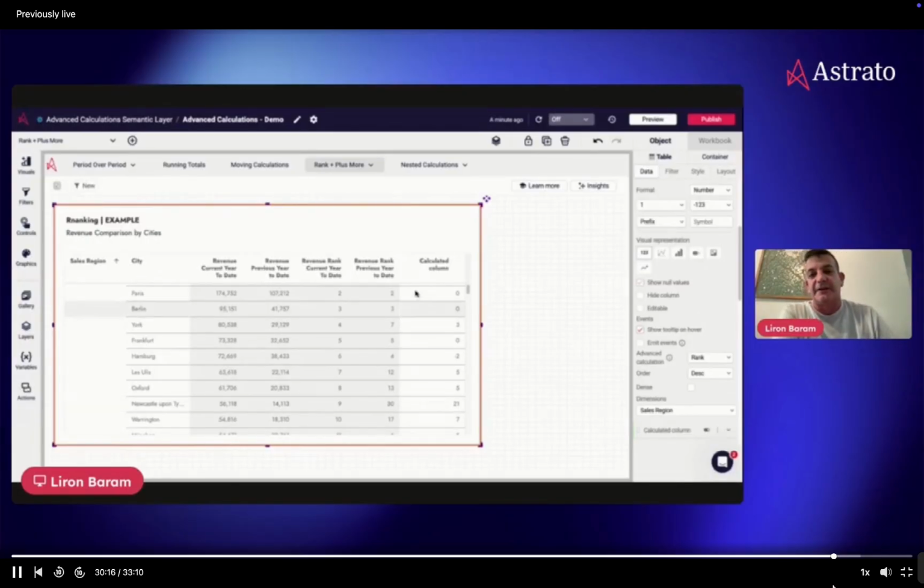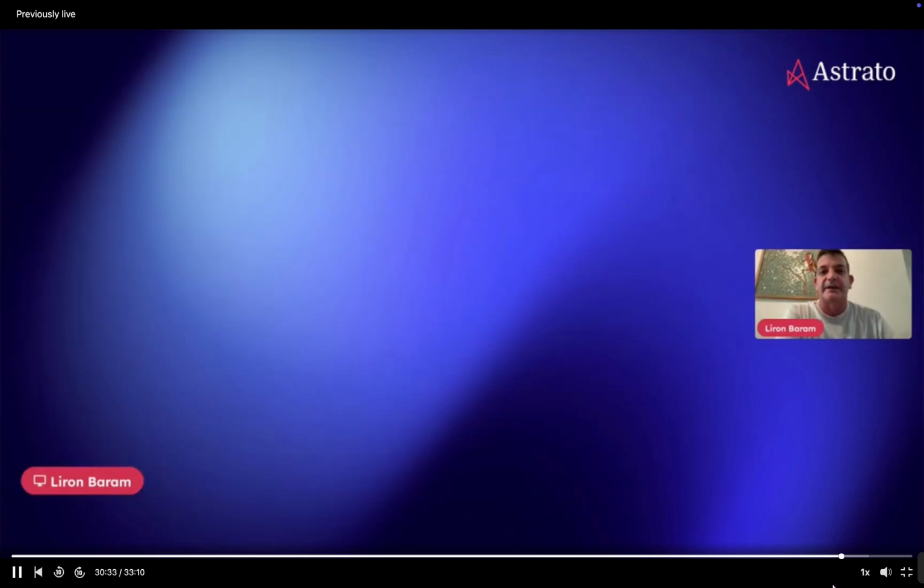So these were some examples. We have complete documentation on how you can do each performance, and you can find also examples in our Astrato gallery.